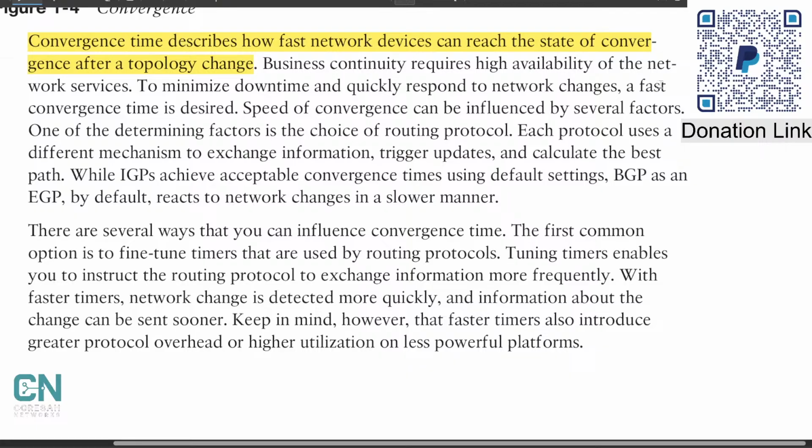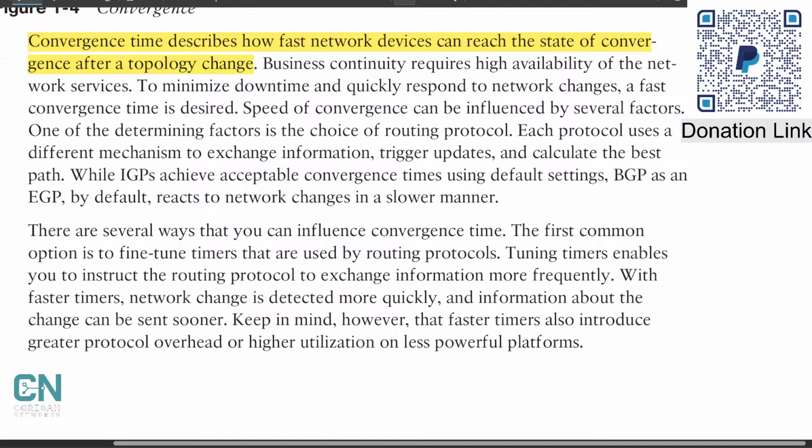While IGPs achieve acceptable convergence time using default settings, BGP, as an EGP, by default reacts to network changes in a slower manner. There are several ways that you can influence convergence time.